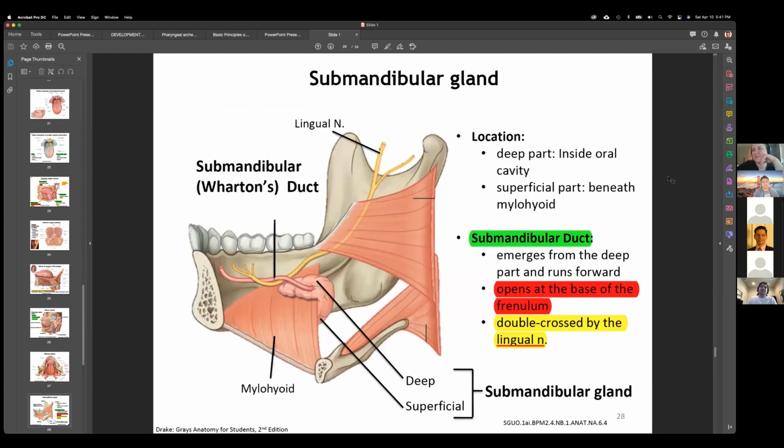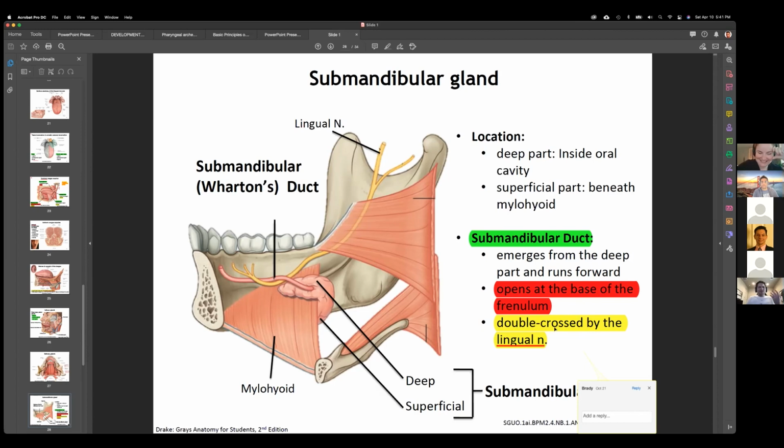Oh, that was a tricky question. We had one: which gland opens at the base of the frenulum, that little middle piece? I was like, definitely sublingual, it's under the tongue. It's not, it's submandibular. Both of us got that one wrong on the test.